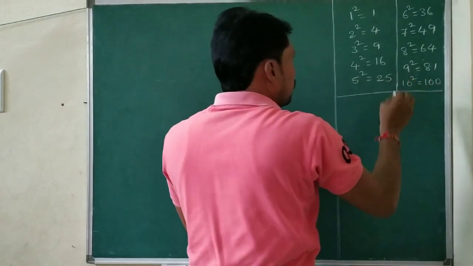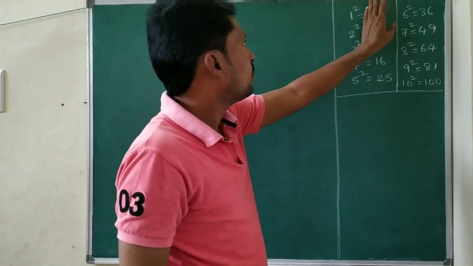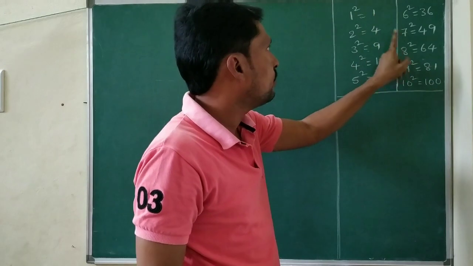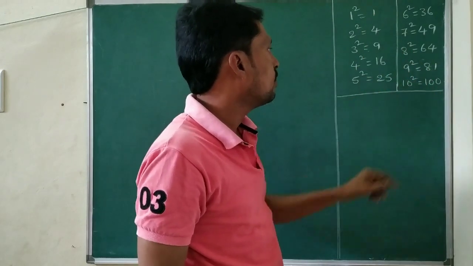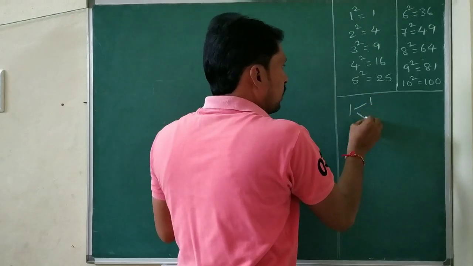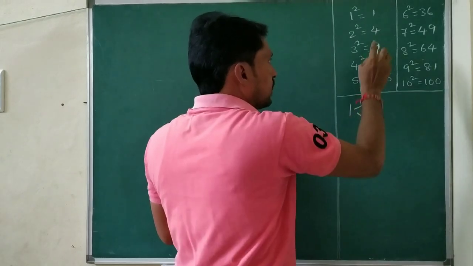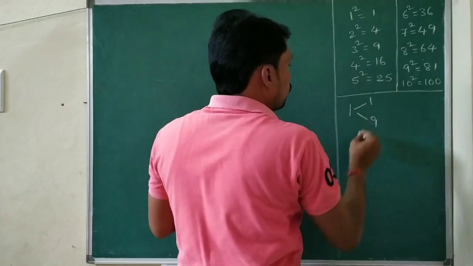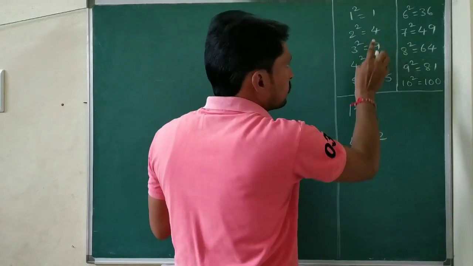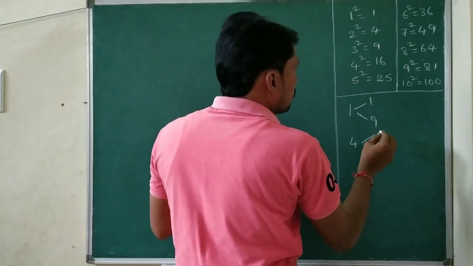Now observe here, in square numbers, the unit digit 1 we get from 1 and 9. Next, 4: we get 4 from the 2 table and 8 table.